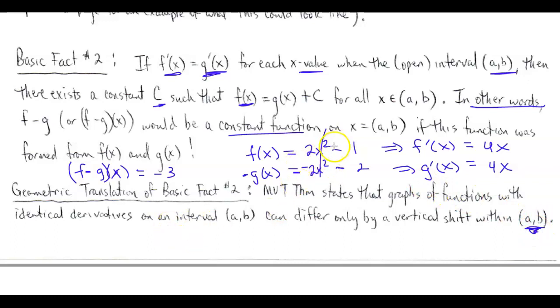And of course, if we were looking at the graph of 2x squared minus 1, in general, that would be a graph that looks something like this. Whereas the graph of, I'll rewrite this, 2x squared plus 2 would be the same thing, but it'll just go up here like this. So geometrically, the only difference in between this first function and the second one would be a vertical shift.